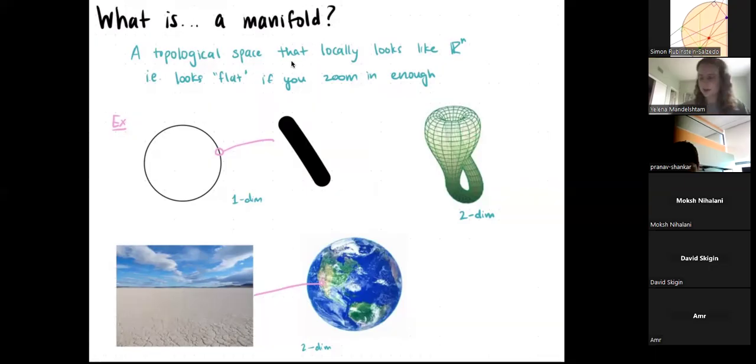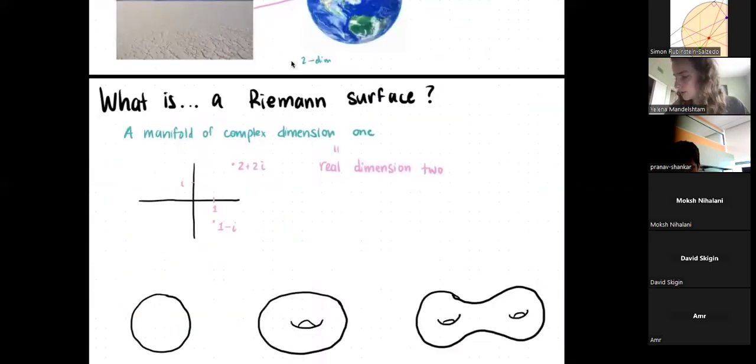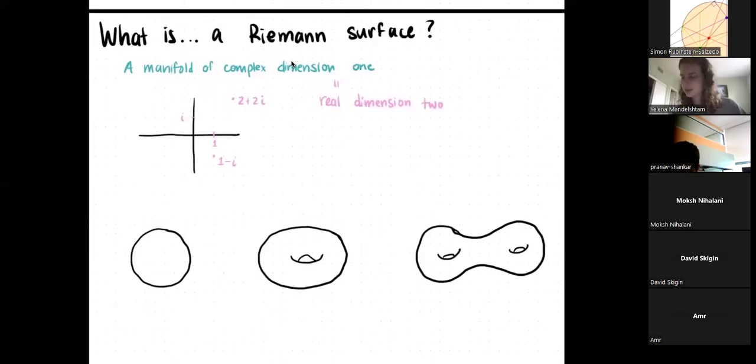All right, and of course there are many things that people study about manifolds. The fields that study these will mostly be in analysis. And then within that, we can study Riemann surfaces. A Riemann surface is a manifold of complex dimension 1.